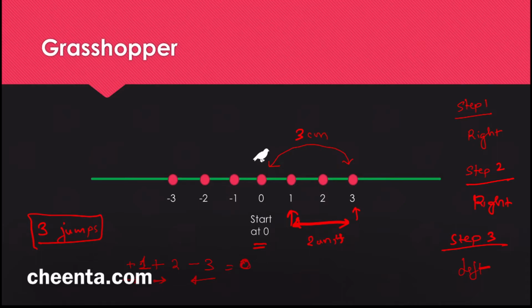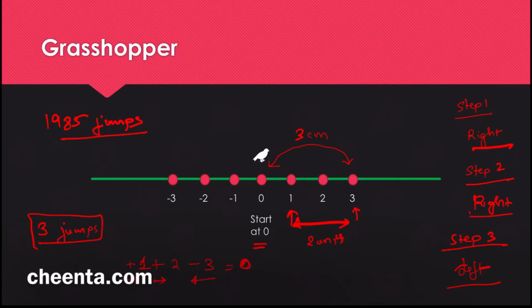So for 3 jumps it can definitely come back to its original position. If it goes right, right and then left, it can come back. The real question is, can it do this with 1985 jumps?